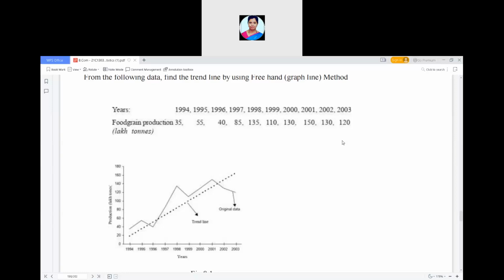Likewise the last one, 2003, the corresponding food grain production is 120, so that we have plotted. We have plotted all the points, and now we join these points by a straight line.